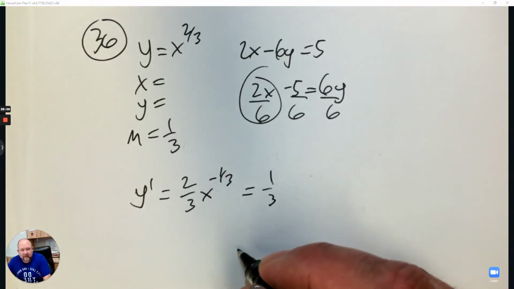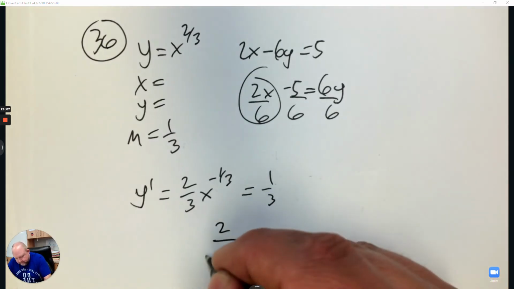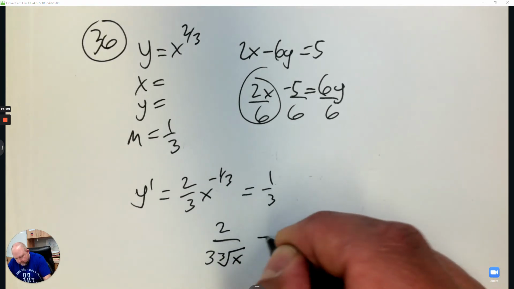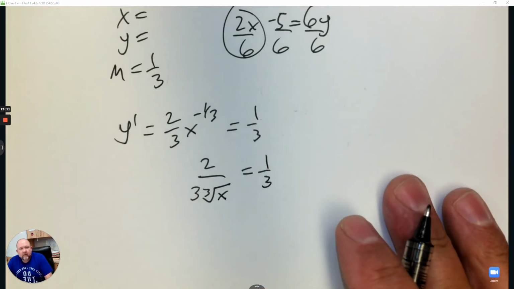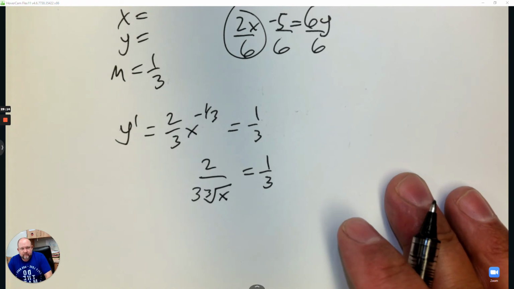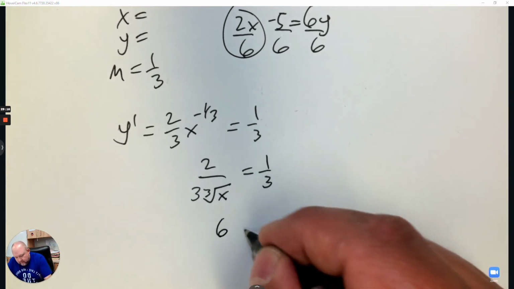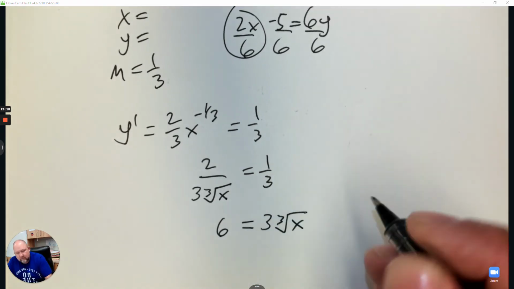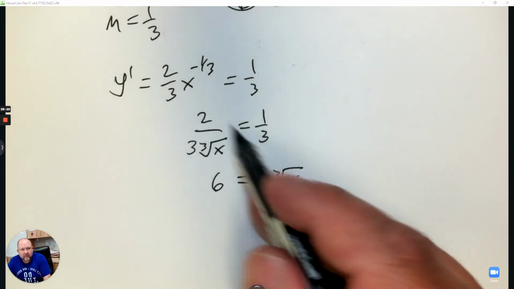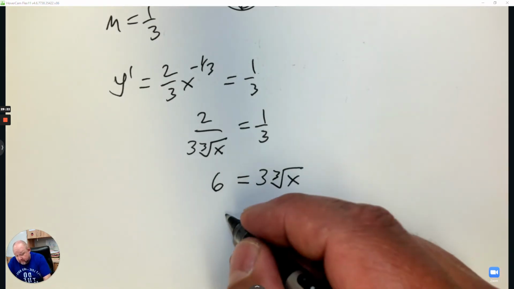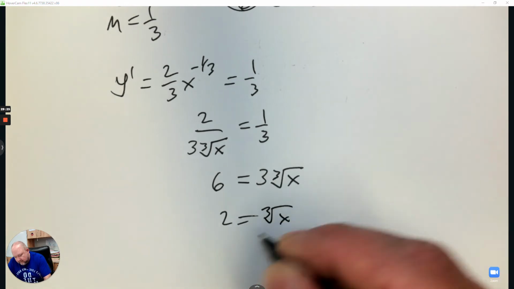So I'm going to write this calculus friendly. I'm going to make this 6. I'm going to cross multiply here just for fun. Divide by 3. Cube it.